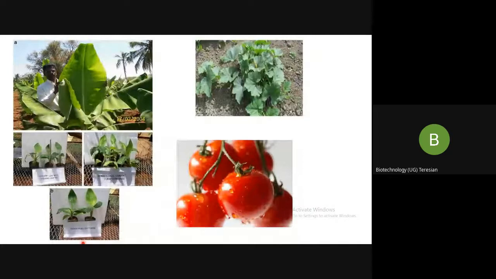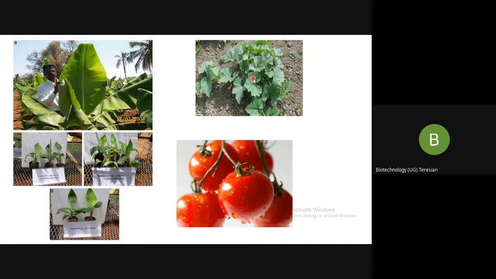So look at these, where a lot of advantages have been seen in the banana plant through somaclonal variation. Different varieties of banana have been provided by somaclonal variation. And you can see downy mildew, which you have studied in your microbiology, which causes disease in grape plants and others.